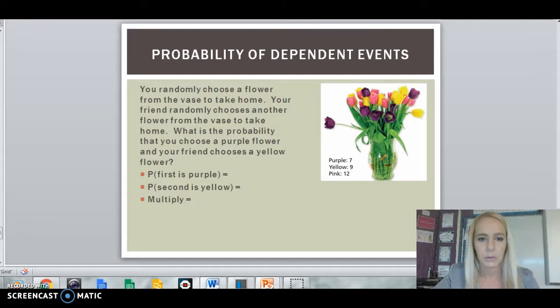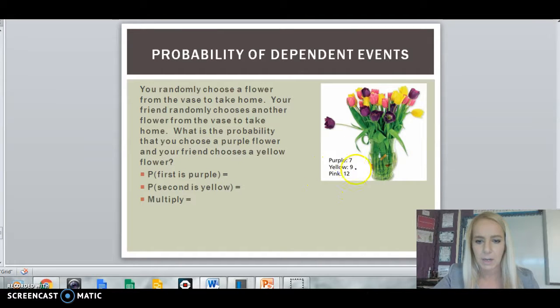You randomly choose a flower from the vase to take home. Your friend randomly chooses another flower from the vase to take home. What is the probability that you choose a purple flower and your friend chooses a yellow flower? Again, we're going to find the probability of the first event, which is the probability of picking a purple.